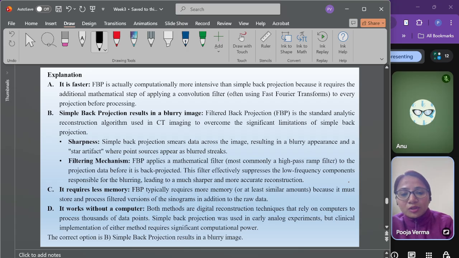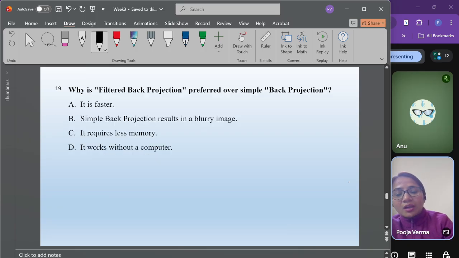Simple back projection was used in early analog experiments, but the clinical implementation of either method requires computational power. So that is also not correct. The correct option is that simple back projection results in a blurry image, so option B is the correct answer. That is why filtered back projection is preferred over simple back projection.